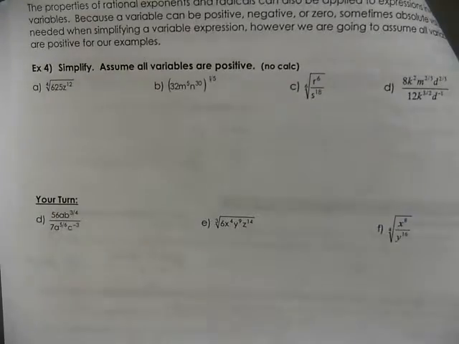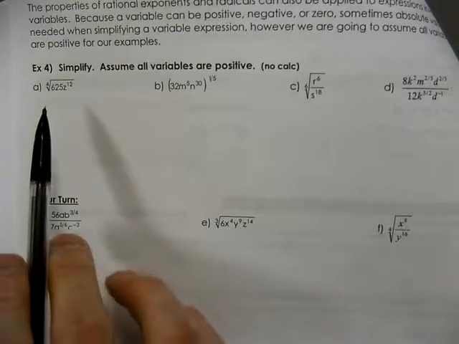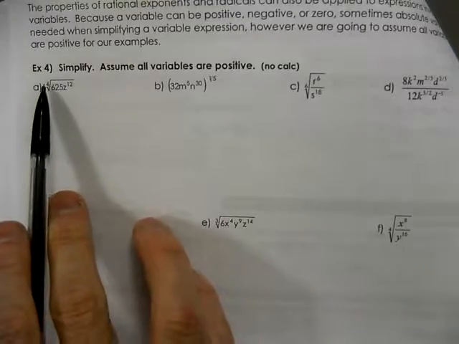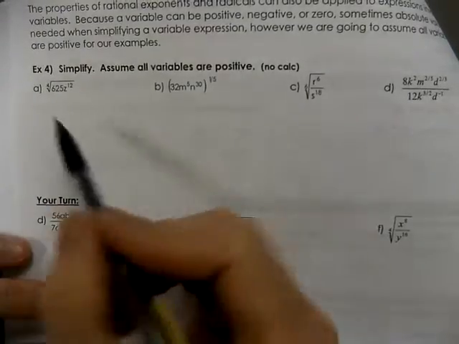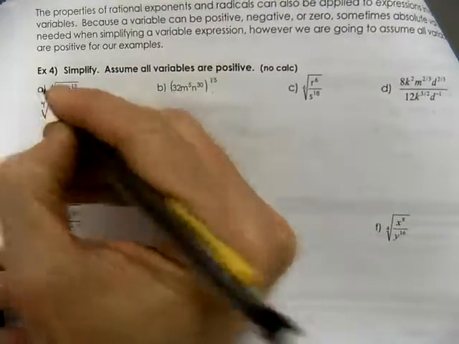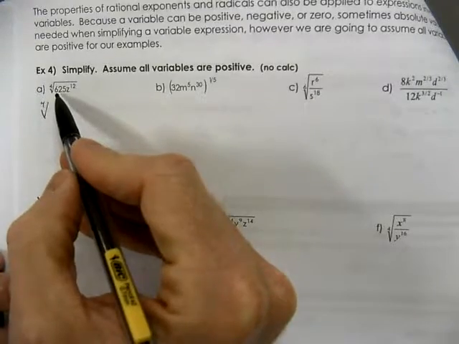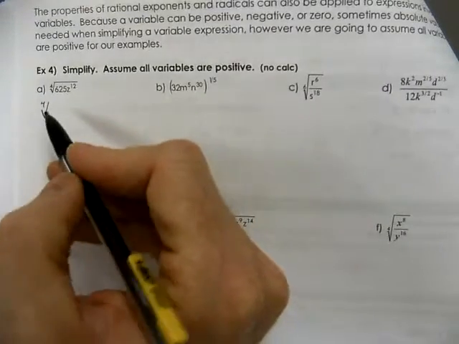On the opposite side, we're looking to keep simplifying. So we're looking at the 4th root, so we're looking for 4 of a kind. Well, I've learned that 625 is made up of 5s.